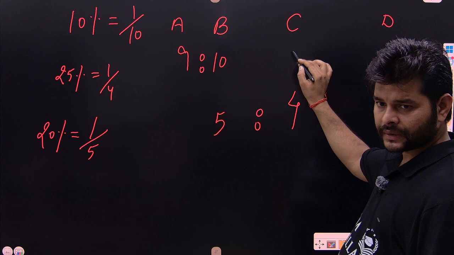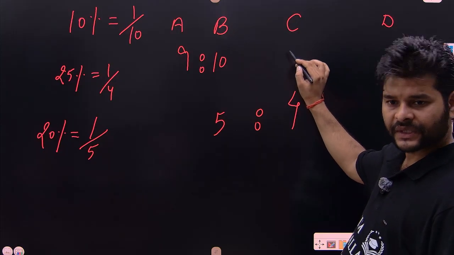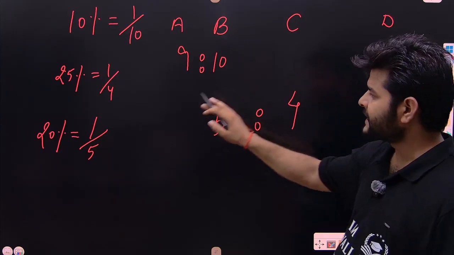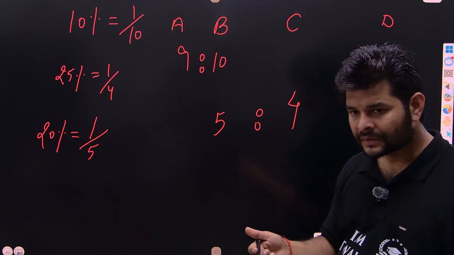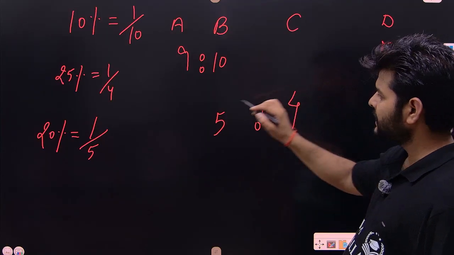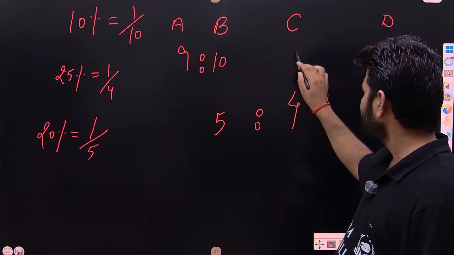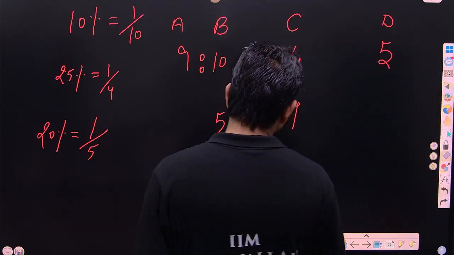Now this is the empty place, we can use it. This is the row. So C's score is 20% less than that of B. If B's score is 5, then C's score must be 4.